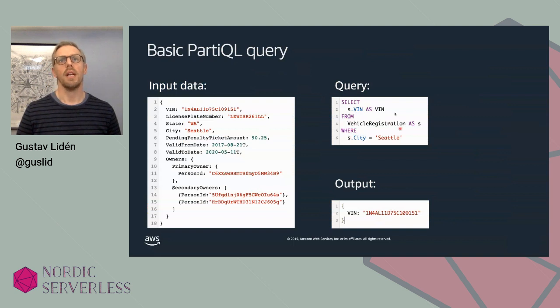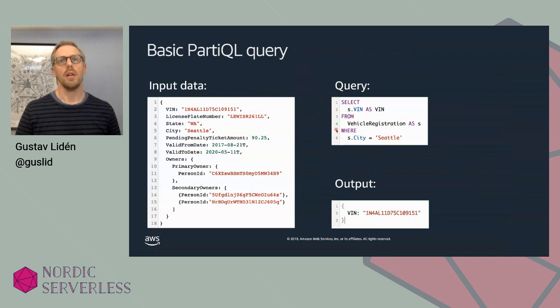Running this query, you will get the specific VIN of this record, which is on the top here. This looks very straightforward and very much like SQL, and that's the intent.